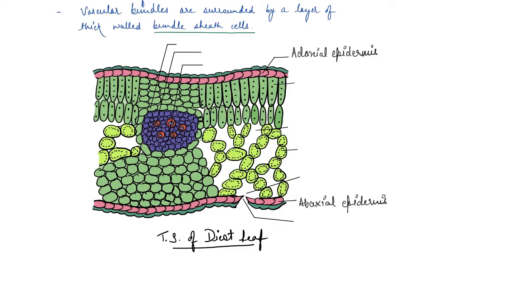Now, what we studied was that there are palisade mesophyll cells, right? These are elongated and are arranged parallel to each other, and below that is the spongy mesophyll.